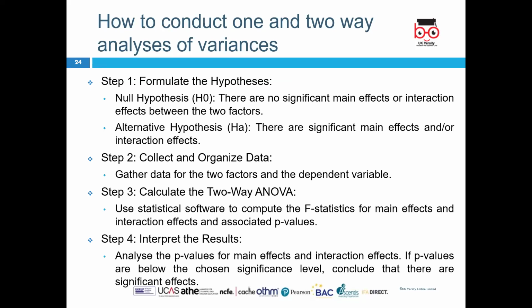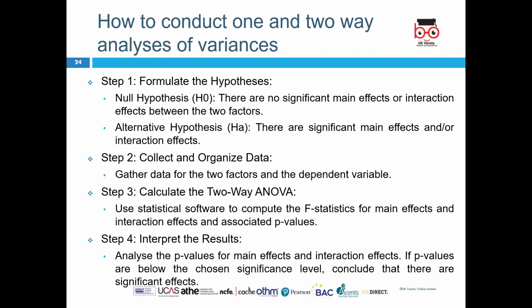The null hypothesis is there are no significant main effects or interaction effect between the two variables. Remember, here we are considering two variables. The alternative hypothesis is there are significant main effects or interaction effects in the variables.